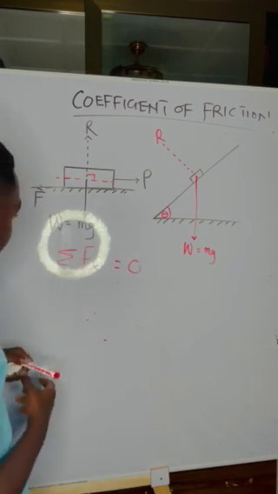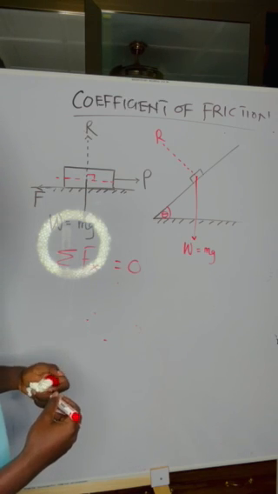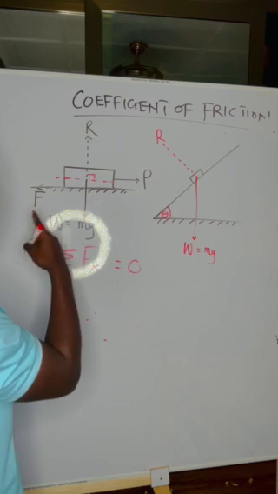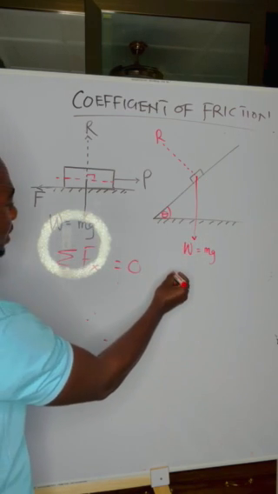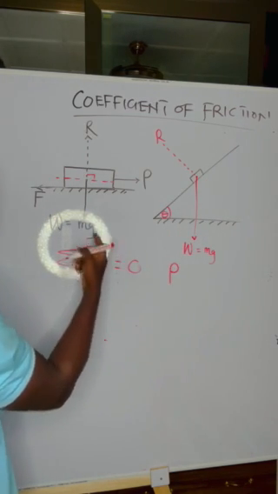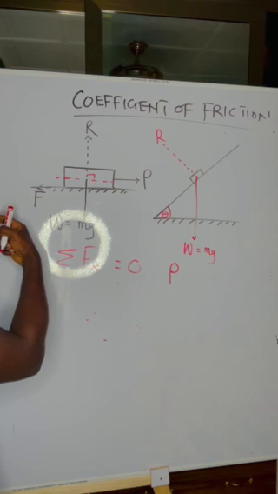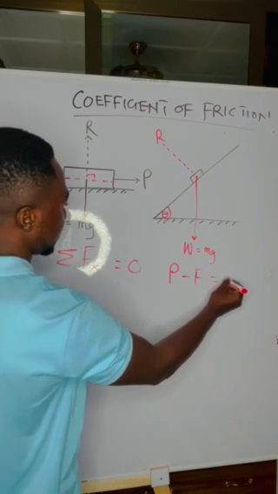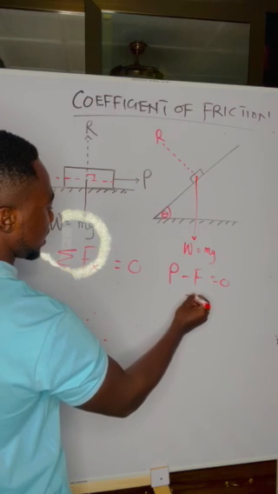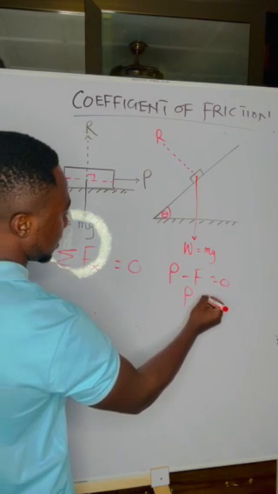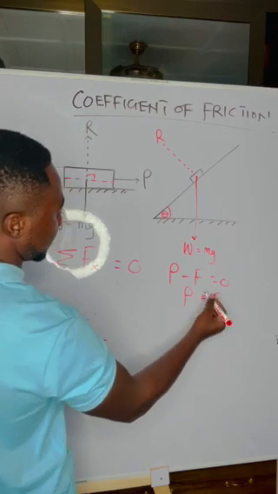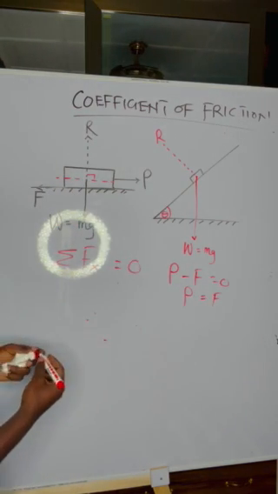So the forces in the x direction, we have P, which is in the positive x direction, and then F in the negative x direction, so P minus F should be equal to 0. So P is equal to F. The force in that direction is equal to the frictional force.